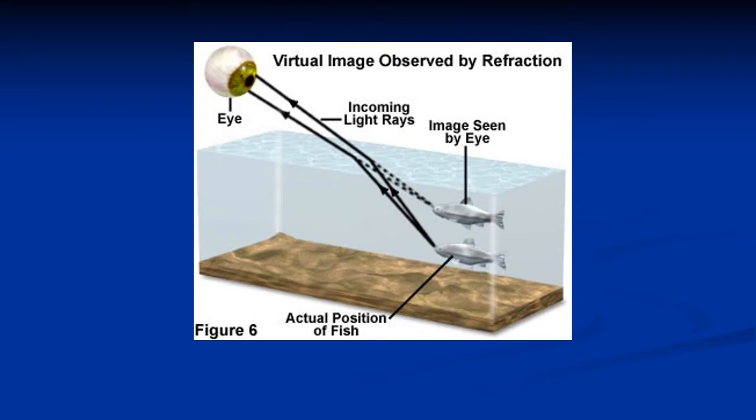In this picture again, I have depicted a fish tank. The image seen by the eye is different from the actual position of the fish, because the rays coming from the actual position of the fish have a bending effect, and the image seen by the eye will be different.